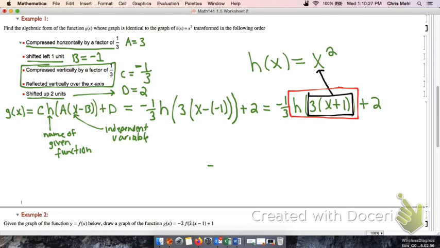So the -1/3 stays out front, the +2 stays on the outside, on the back, and I'm evaluating h of 3 times x plus 1. So now this is going to equal -1/3. And notice h is just the square function, so you would just take the input of 3 times x plus 1, square that, and add 2.